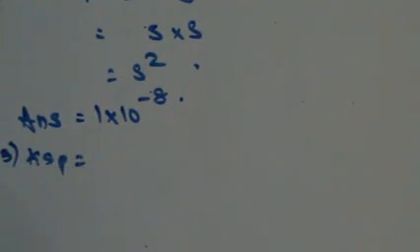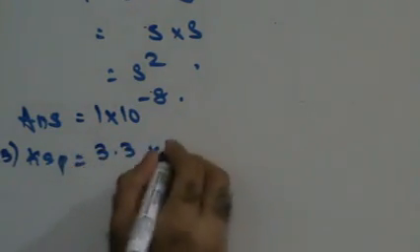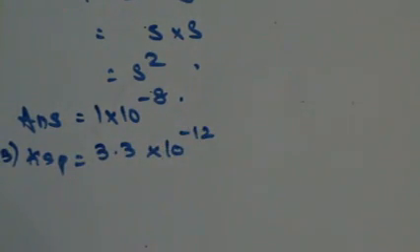The solubility product of silver bromide is 3.3 into 10 raised to minus 12 at 298 Kelvin.